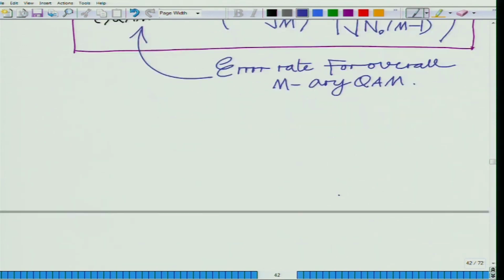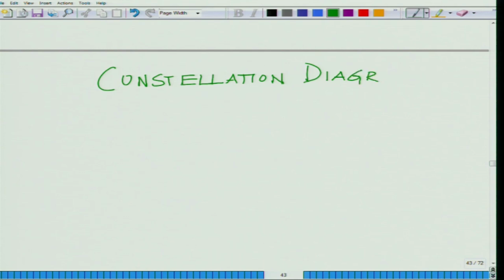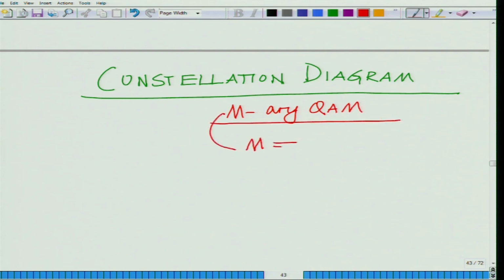Now, before we wrap this up, let us look at a simple constellation diagram for the M-ary QAM. For M-ary QAM, let us consider a simple case where M equal to 16, which means each constituent square root of M is 4 PAM.